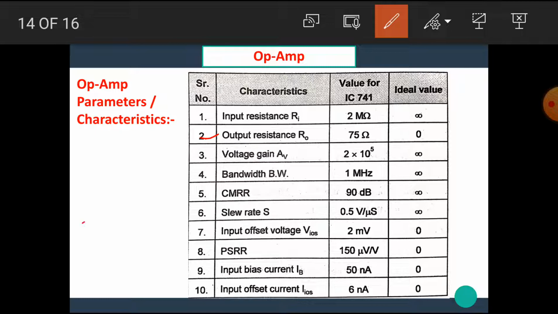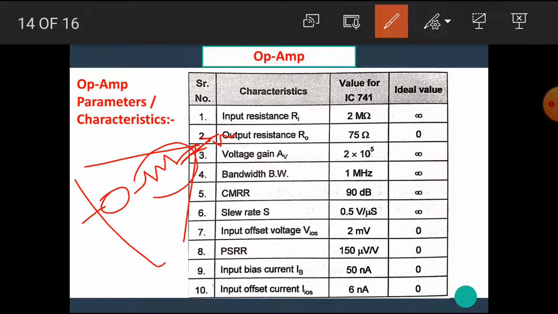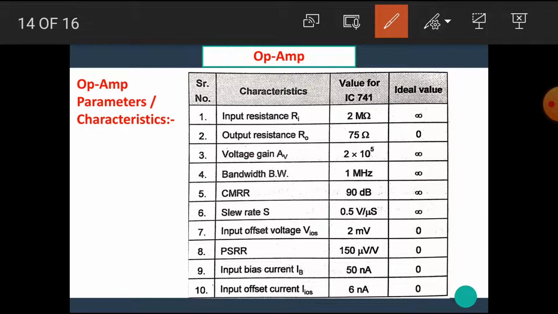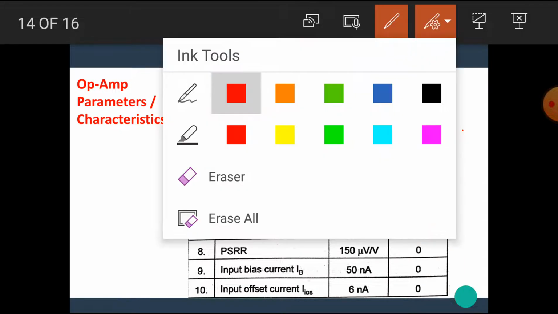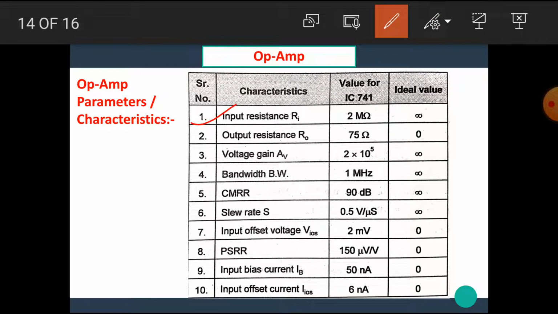This output resistance is connected in series with the load to give maximum current to the load. Hence, ideally, the value of output resistance or output impedance should be 0, and practically it has the value 75 ohm. Note here that the input resistance is the input impedance and the output resistance is the output impedance.